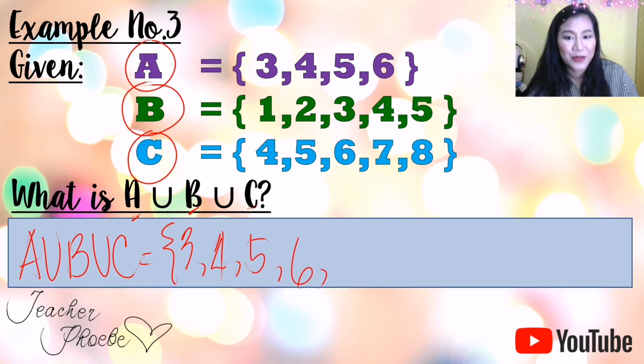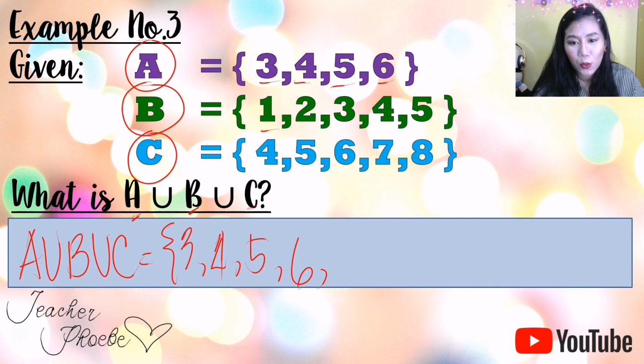Okay, so those are the elements of set A. Then list down all the elements that are found in set B. 1, 2, 3, 4, 5. And then again, repeat, if there are already numbers that are already written, you don't need to write it down again. Okay? Sabi ko nga kanina, ang 1 ay parehas lang sa 1. Wala silang pinagkaiba. So, hindi mo kailangan isulat yun ng 2 beses.